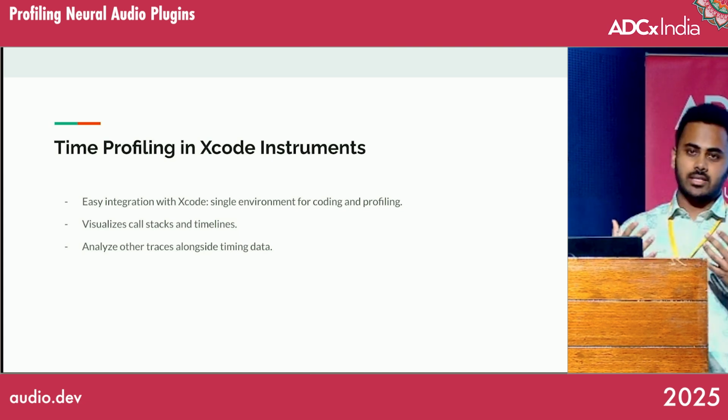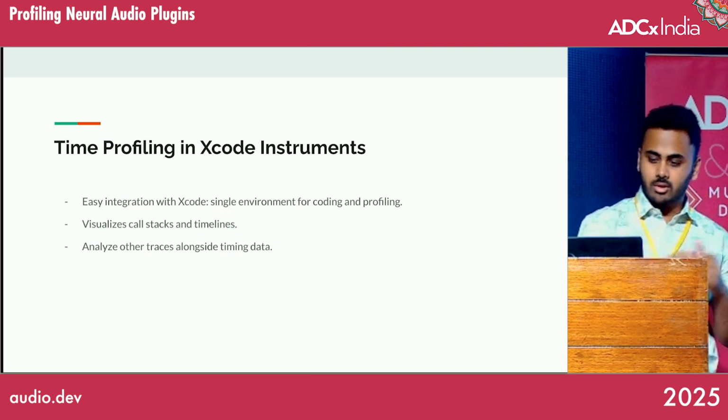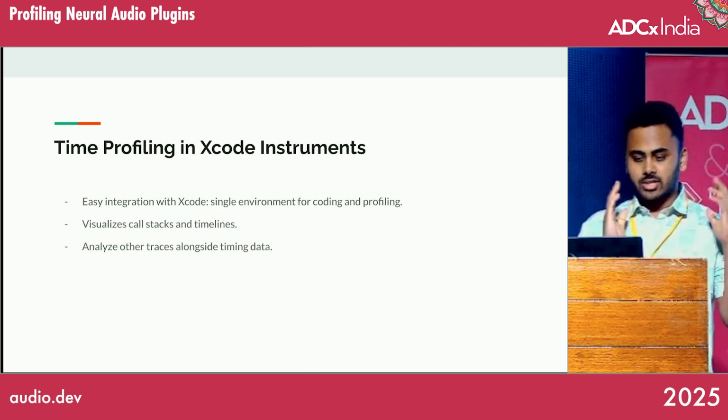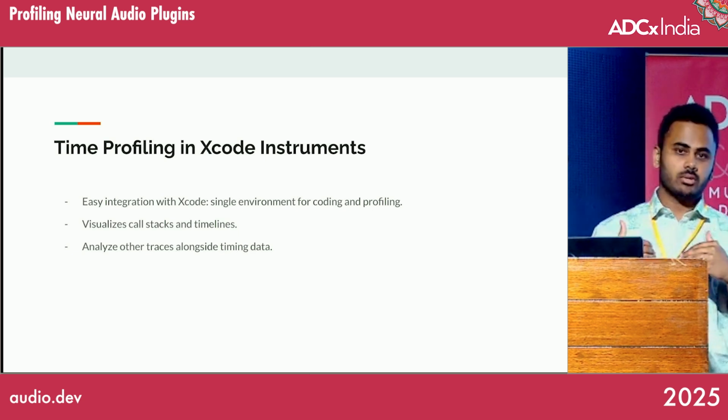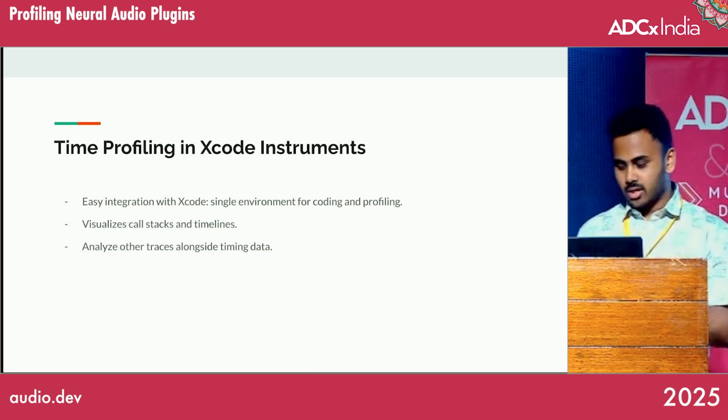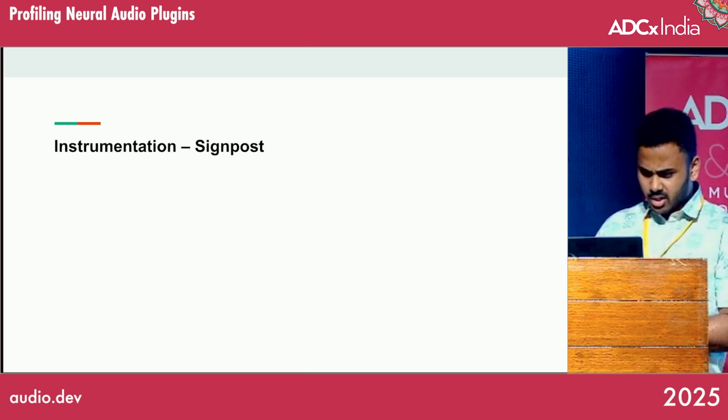It also has nice visualization features. You could see the call stack, timelines, and everything. We'll look at that in a minute. And also analyze traces alongside timing data. So it has a nice user interface, which really helps us view things.